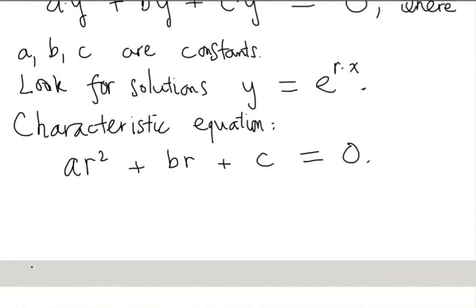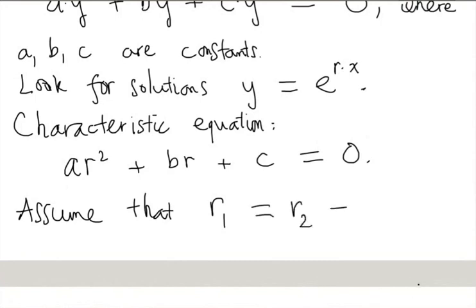But in this case, we should assume that the roots r1 and r2 happen to be the same value, denoted by alpha. We call it a repeated root.